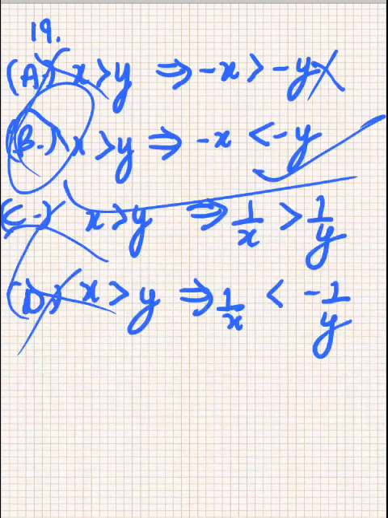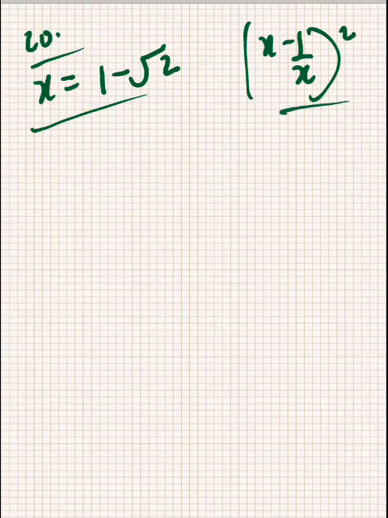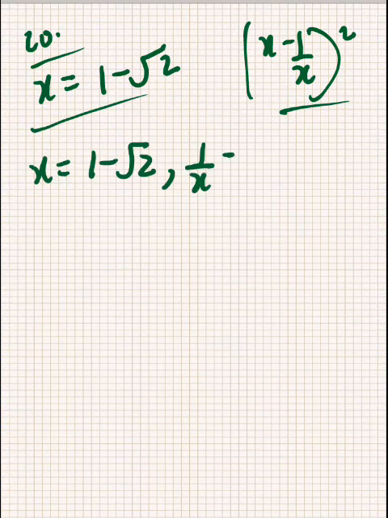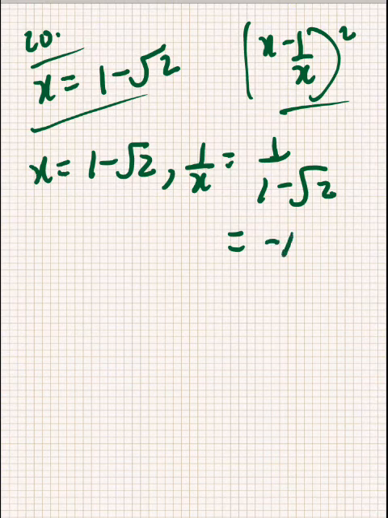In the 20th question we are given x is this and we have to find the value of x minus 1 by x whole square. So x is equal to 1 minus root 2. We'll find the value of 1 by x, 1 by 1 minus root 2. So 1 by x, I'm writing it directly, is equal to minus 1 minus root 2.